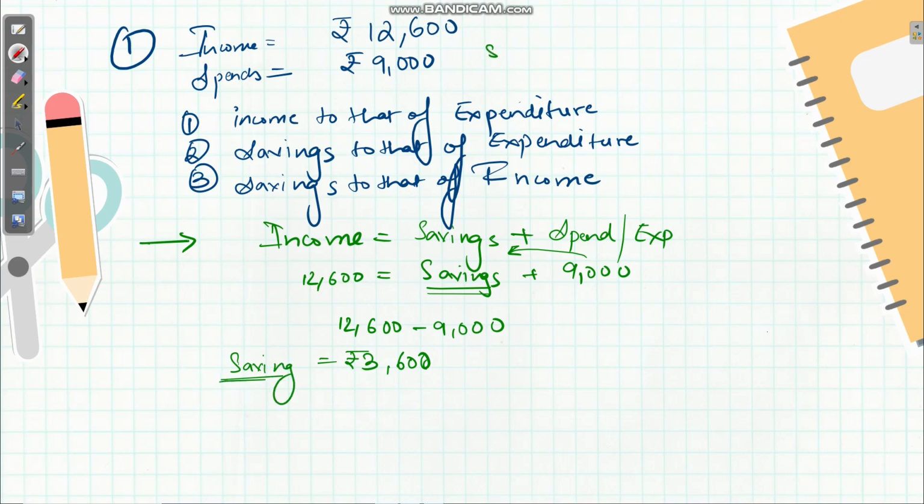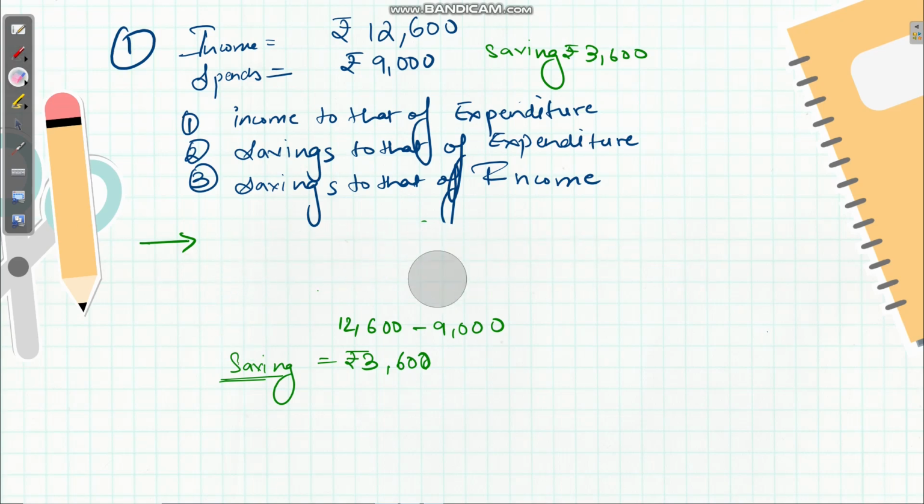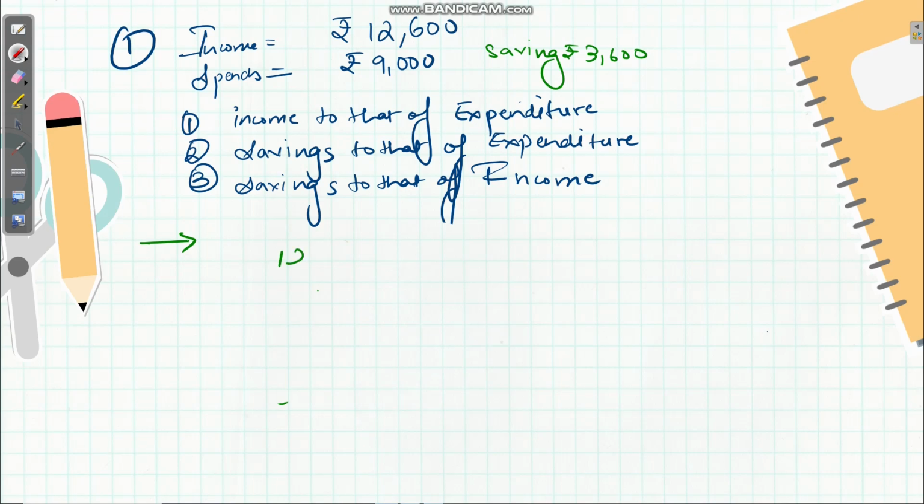So I'll write it down over here. Saving is nothing but 3,600 rupees. Now let's find each and every ratio. Now this is very simple. The first ratio is income to that of expenditure. So income is 12,600 upon expenditure, my spending, which is 9,000. Cancel the zeros first. So your remaining is 126 upon 90.